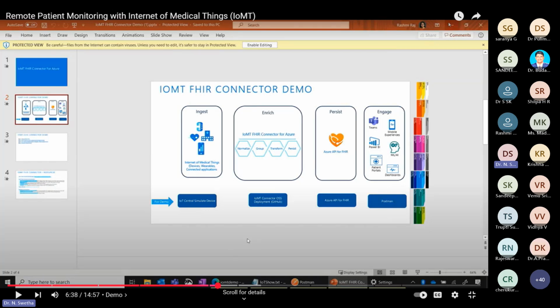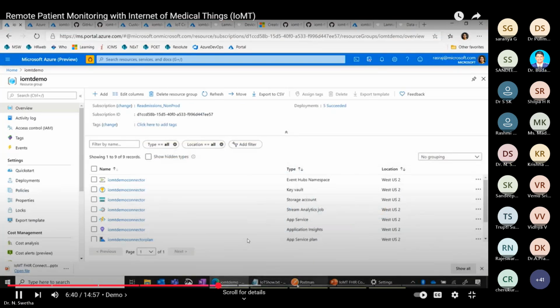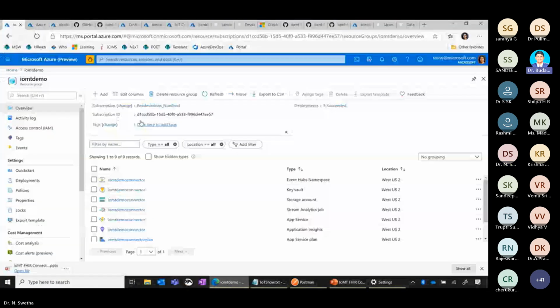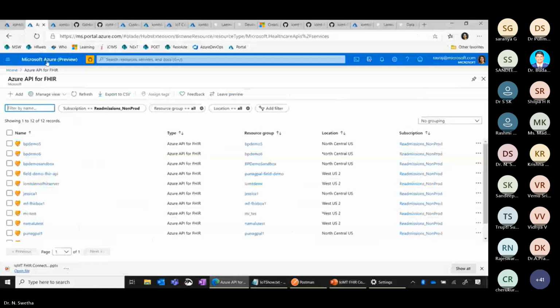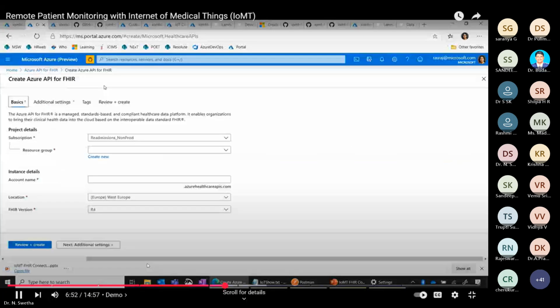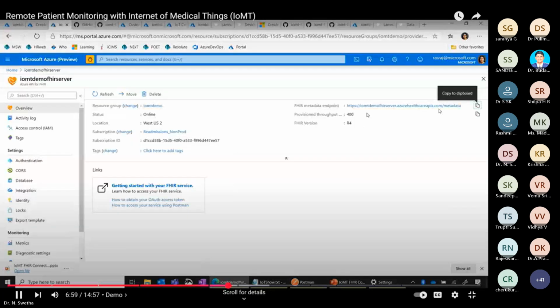So let me resume it back. See, this is actually what I'm talking about. This is the endpoint, the FHIR Meta endpoint, because she has created a demo server.